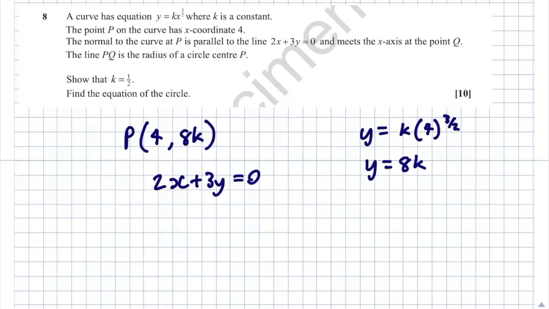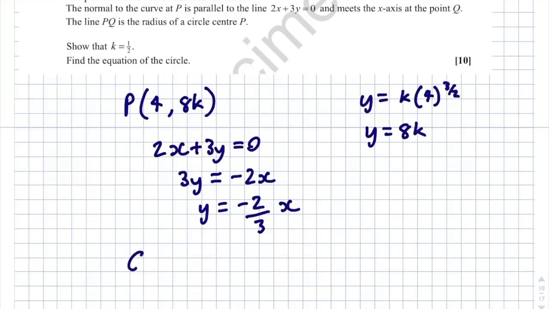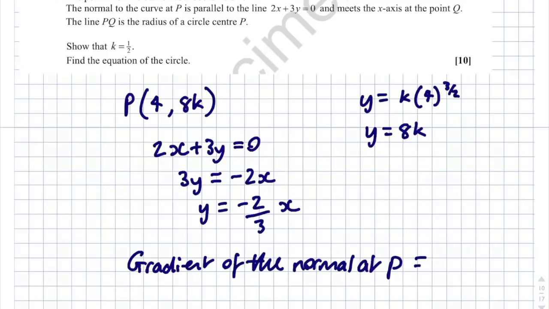If we minus 2x from both sides, we get 3y equals minus 2x, and then divide both sides by 3, we get y equals minus 2/3 of x. Now we can say that the gradient of the normal at P equals minus 2/3.